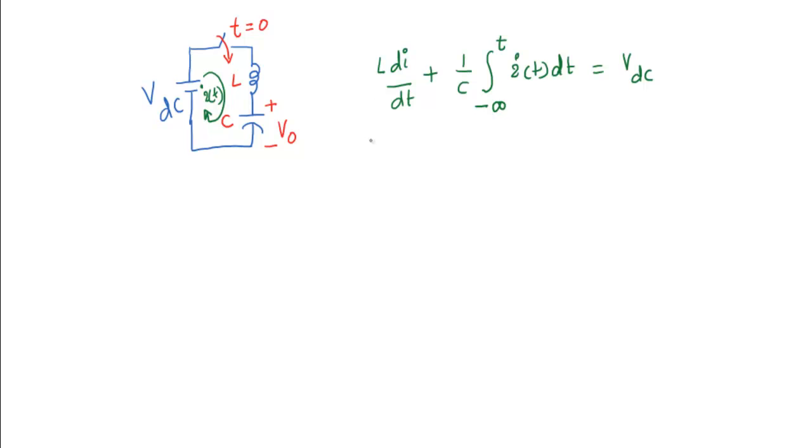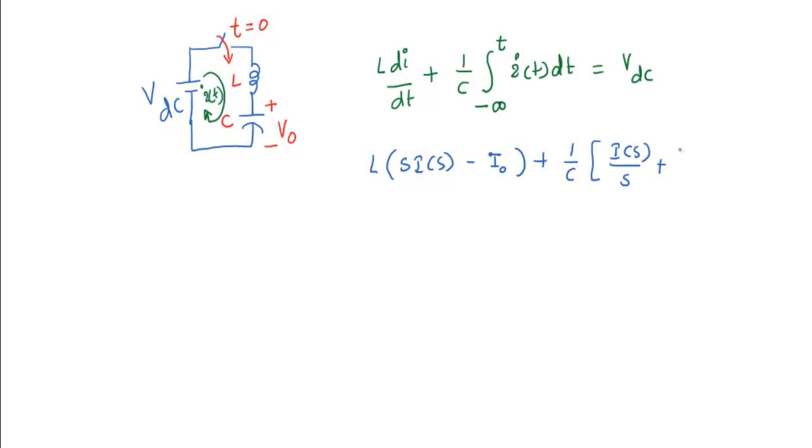Converting, this will be L into (S I(S) minus I0) plus 1/C times the integral, that is I(S) by S, minus, because it is integrating from minus infinity to t, we need to look at what is there before turning on the switch.